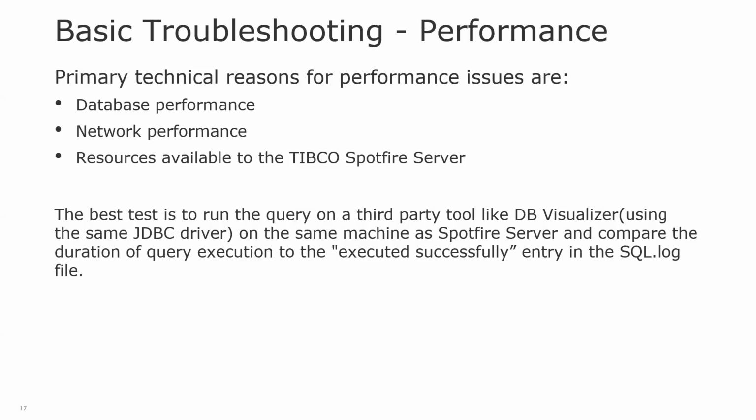The best bet is to execute the query in third-party tools like DB Visualizer, making sure it uses the same JDBC driver. We run the query that we saw in sql.log and compare how much time it takes in the Spotfire server, in the information designer, with the query execution time in the third-party tool.